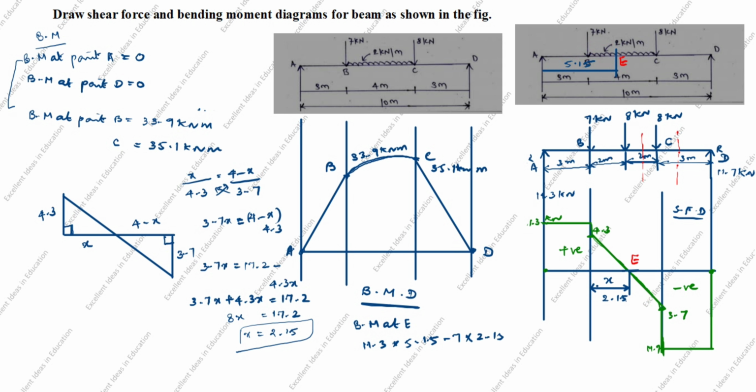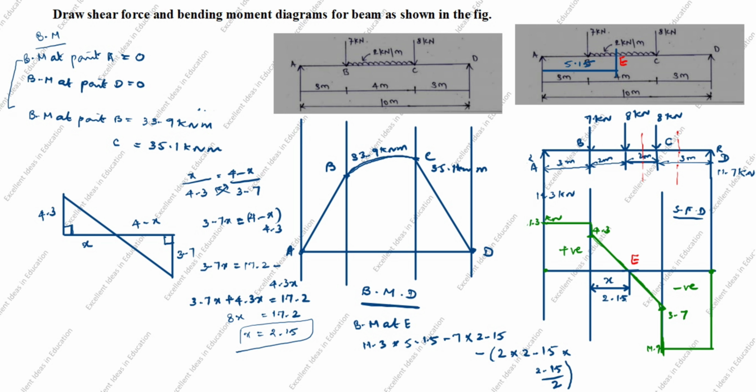Next, point load. From here to here point load is 2. The distance is 2.15 minus 2 into 2.15 into 2.15 divided by 2. This distance divided by 2. Close the bracket.